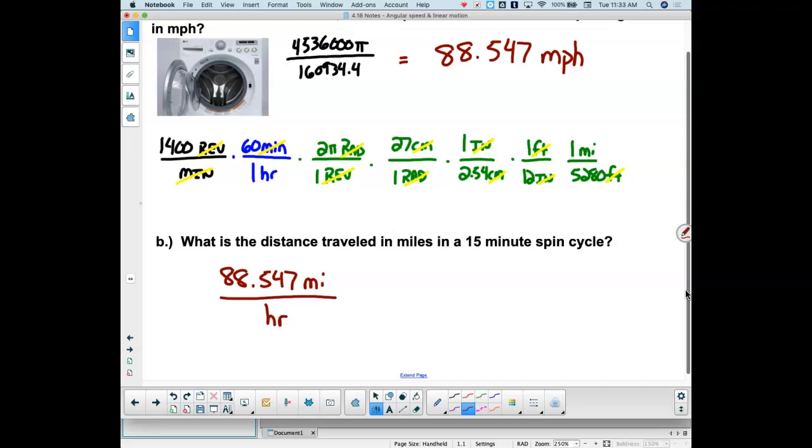Because 15 is minutes. Okay? So what can I multiply by directly? Somebody said it in the back. 1/4. Yep.